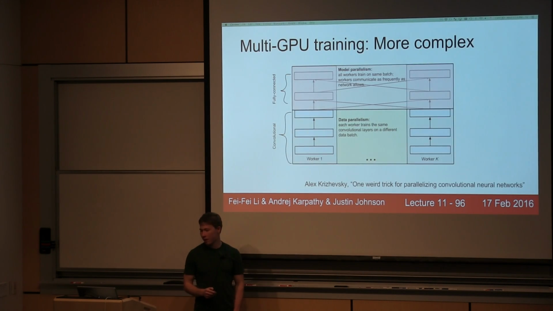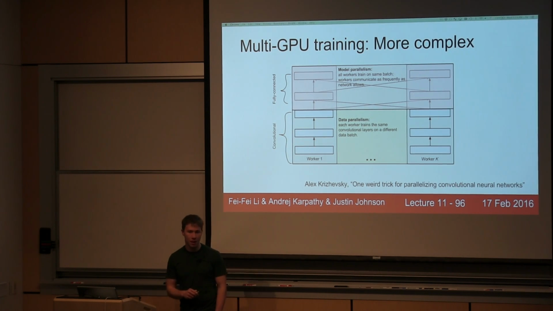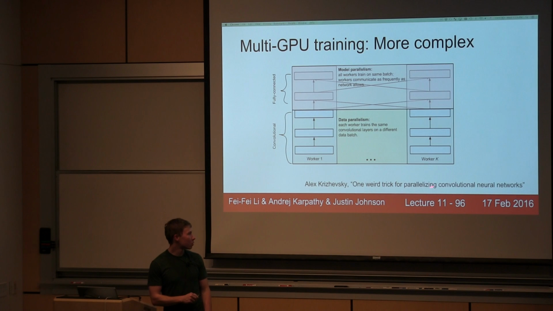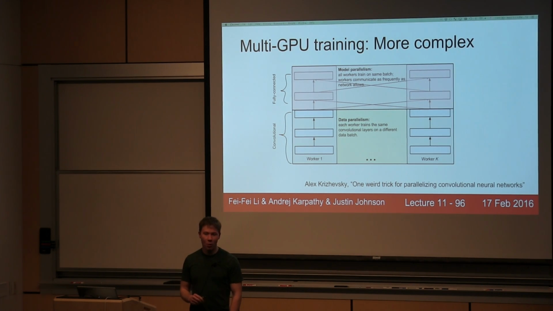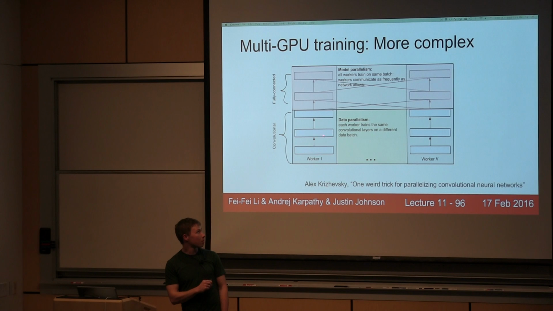A slightly more complex idea for multi-GPU training actually comes from Alex Krizhevsky of AlexNet fame. That's kind of a funny title. But the idea is that we want to do data parallelism on the lower layers. So on the lower layers, we'll take our image mini batch and split it up across 2 GPUs, and GPU 1 will compute the convolutions for the first part of the mini batch, and this convolution part will be distributed equally across the GPUs.